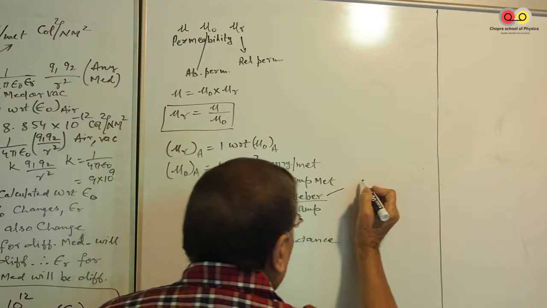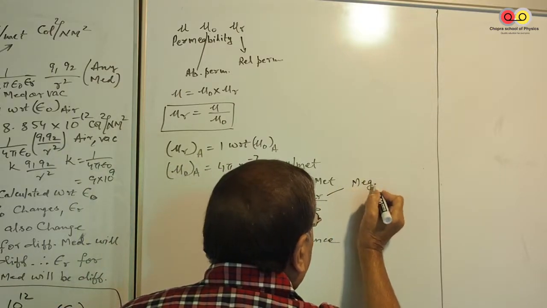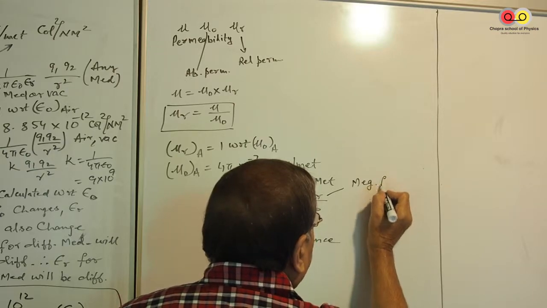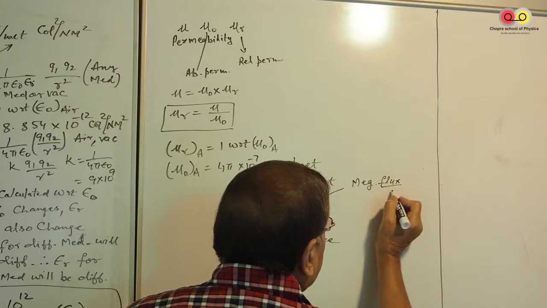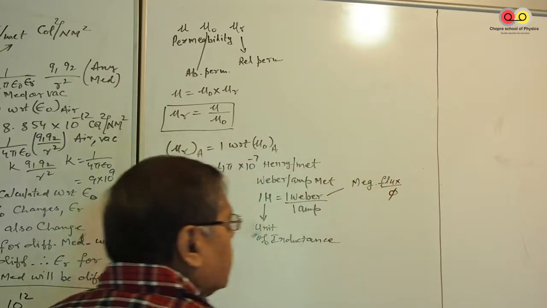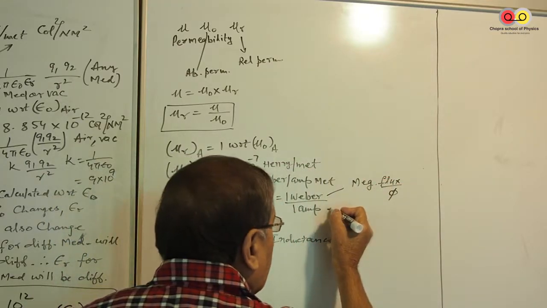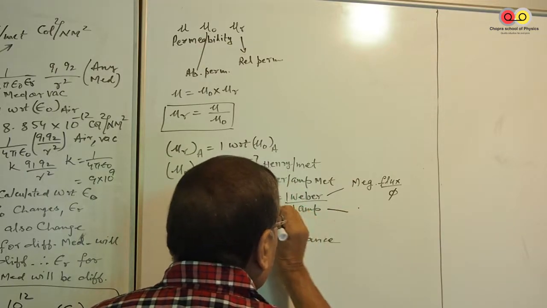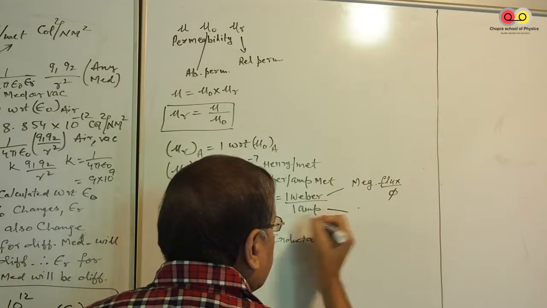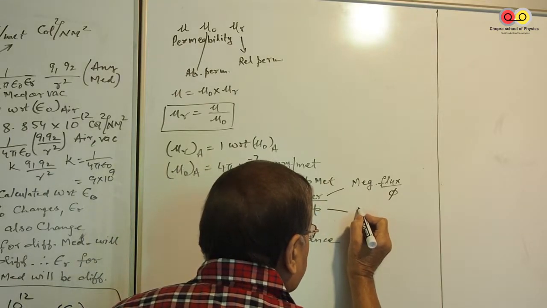Weber is a unit of magnetic flux, and flux is written as phi. That's the symbol of flux. And ampere is the unit of current. 1 Henry is 1 Weber over 1 ampere.